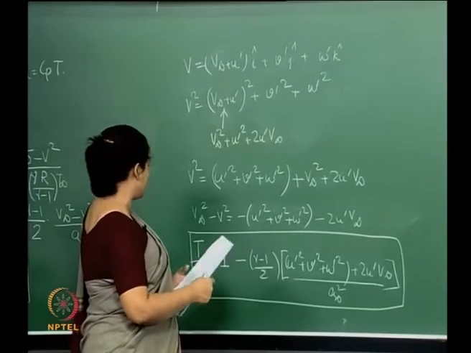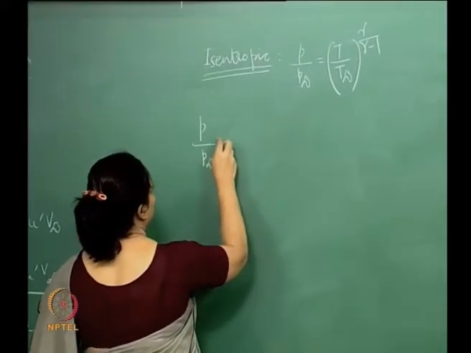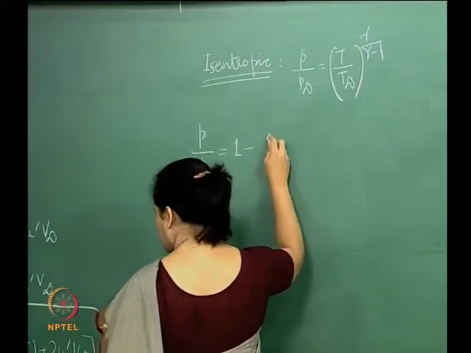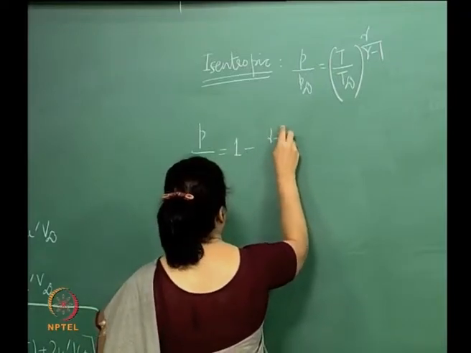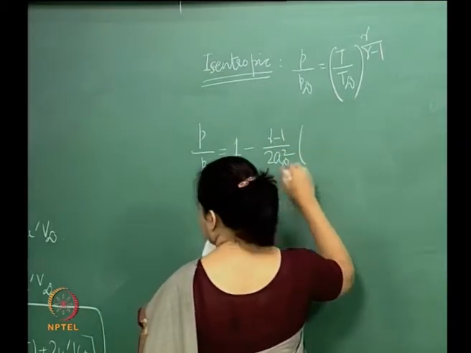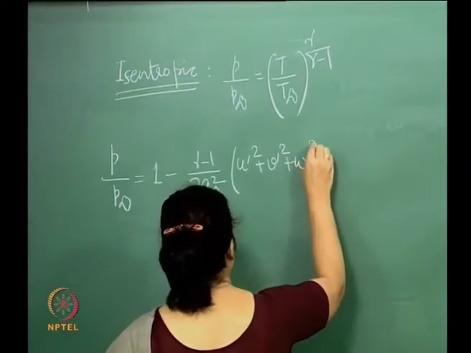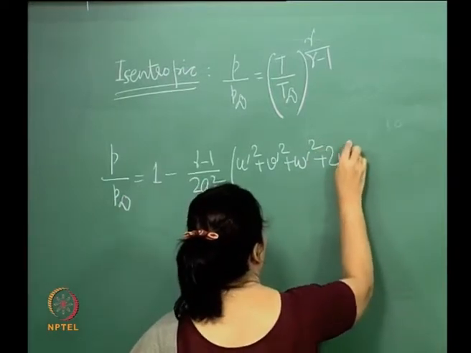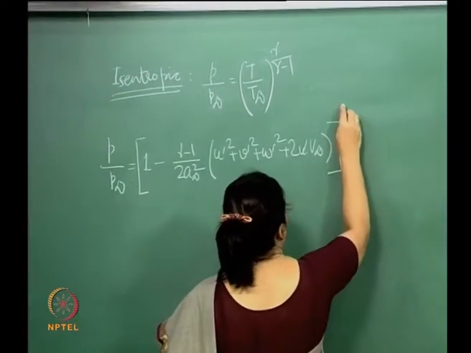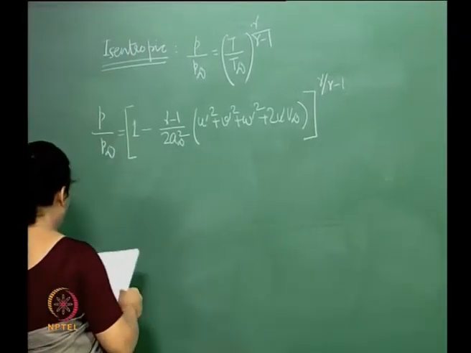Therefore, P by P infinity we can write as 1 minus this, raised to this power.